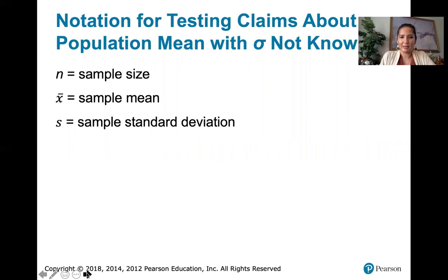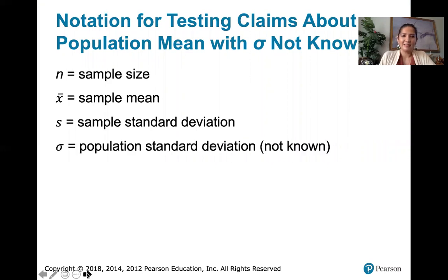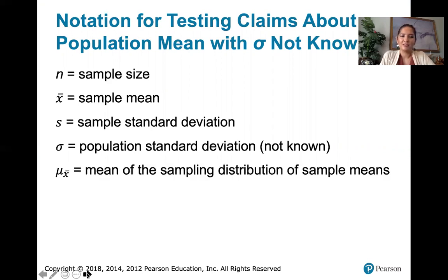Lowercase s represents the sample standard deviation. Lowercase sigma is the population standard deviation. In this video, we're talking about testing a claim about a population mean when this population standard deviation sigma is not known. And this mu sub x bar is the mean of the sampling distribution of sample means.